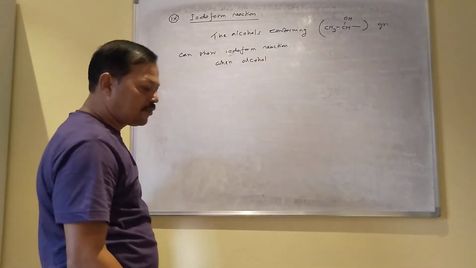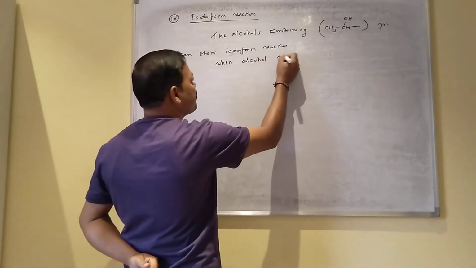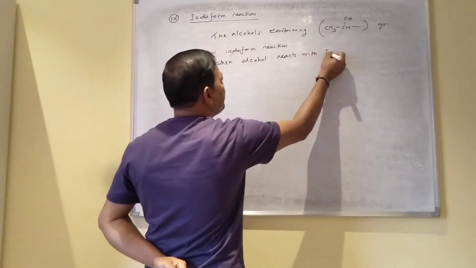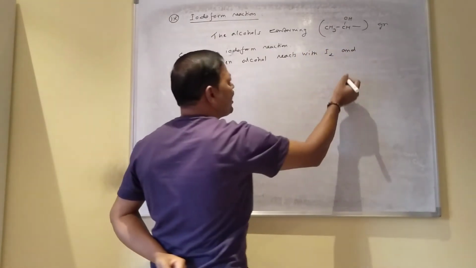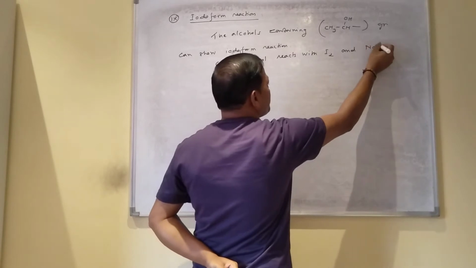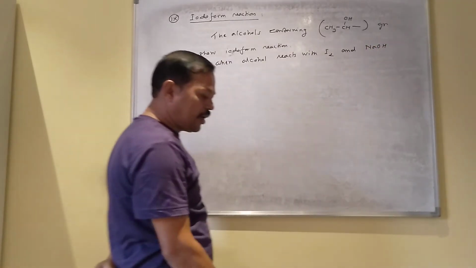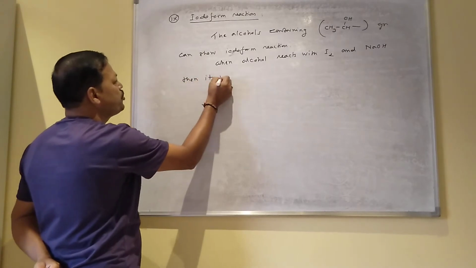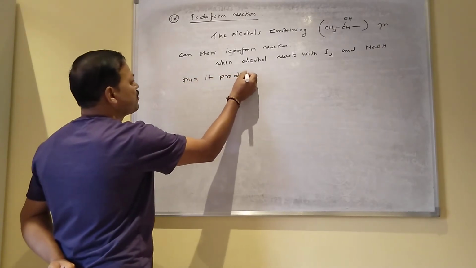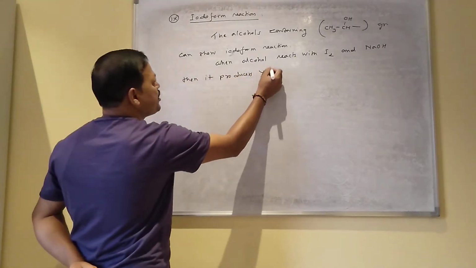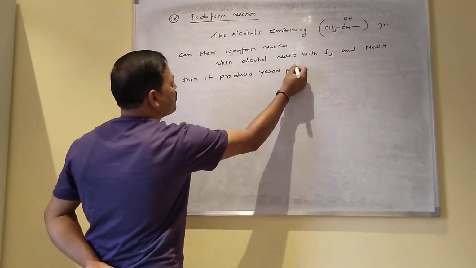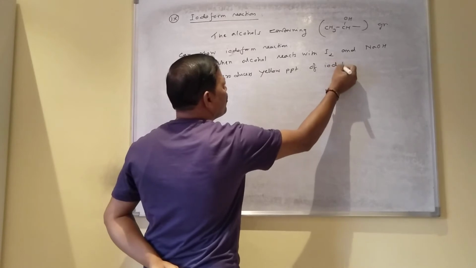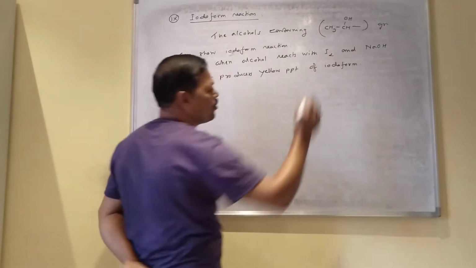What about the reaction? When alcohol reacts with iodine and some alkali like sodium hydroxide or potassium hydroxide, then it produces a yellow precipitate of iodoform.